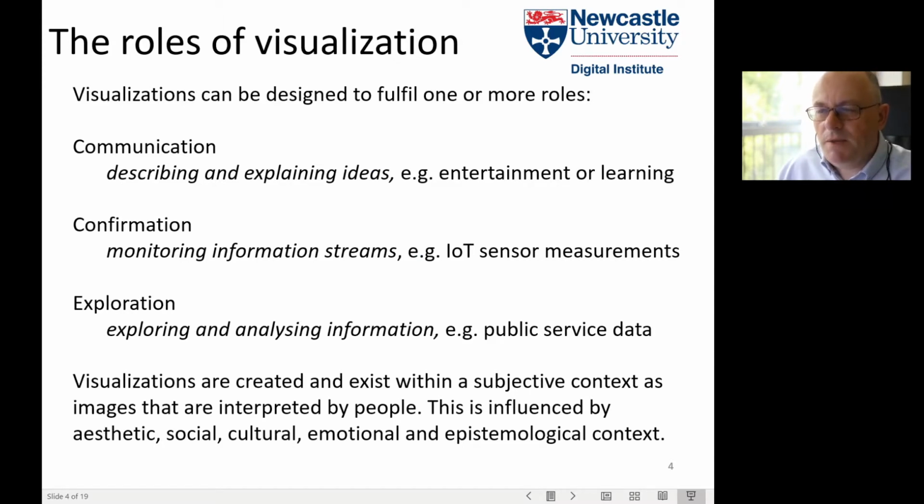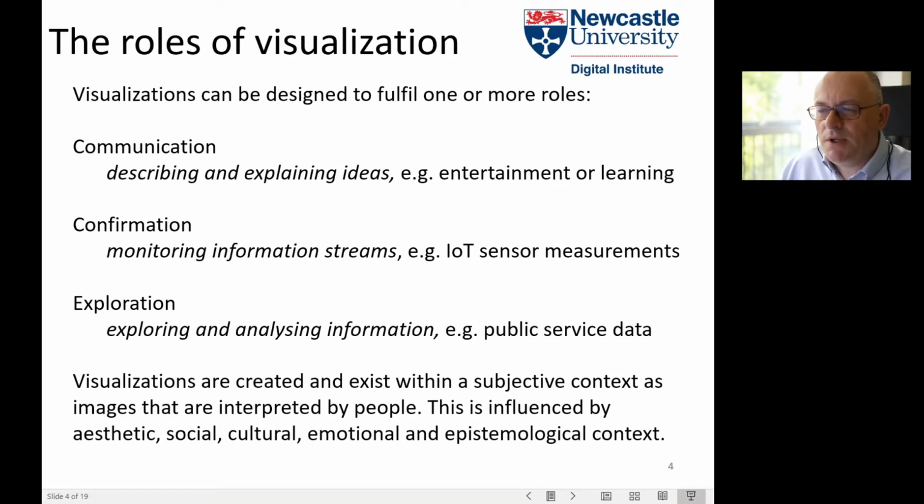Visualizations have many roles. They're often designed for communication. How to describe and explain ideas. Here maybe in entertainment or learning situations. Confirmation, so monitoring streams of data, monitoring that power stations or IoT sensors or wind farms are working as you would like them to be.